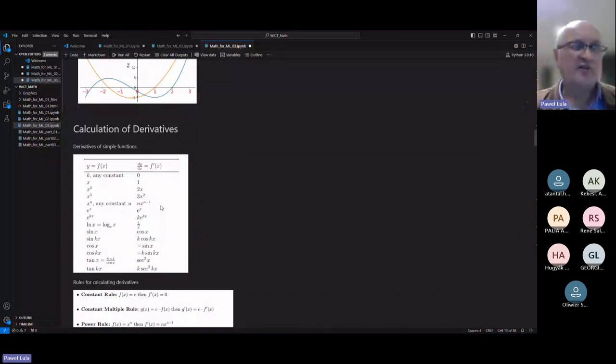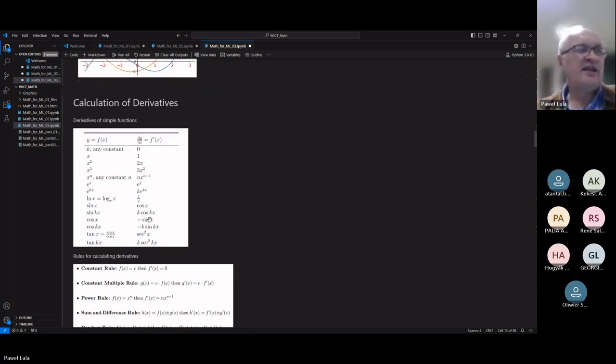There are a lot of formulas for calculating derivatives. For simple functions, there is no problem with calculating derivatives. But when we have a complex function, it is difficult to calculate derivatives.